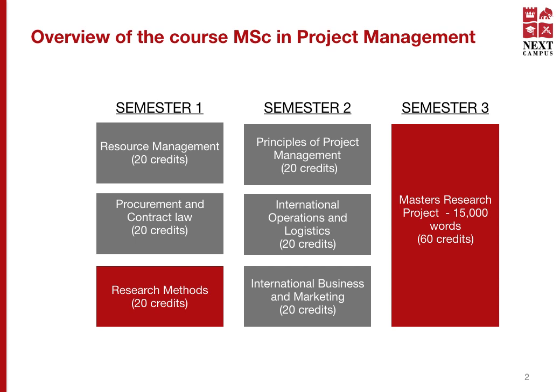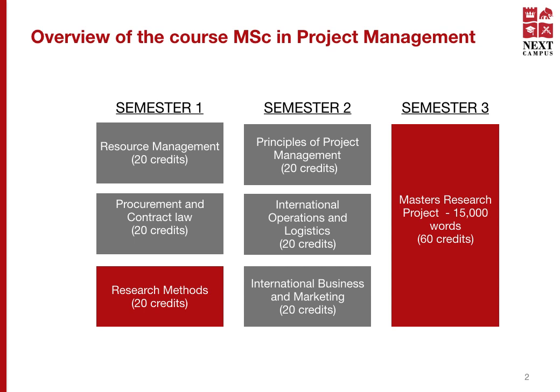If you see, I have highlighted the research methods subject and the master's research project in red color. That is because the research methods module and the master's research project are interrelated.